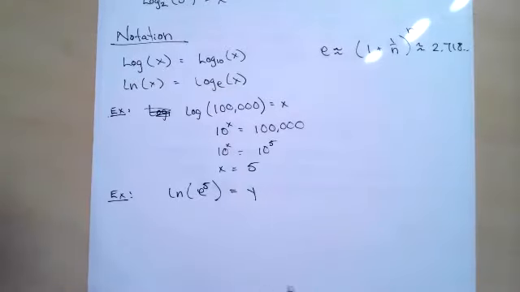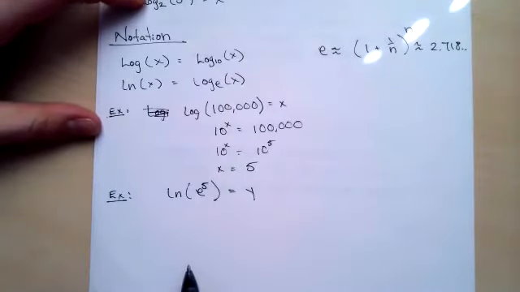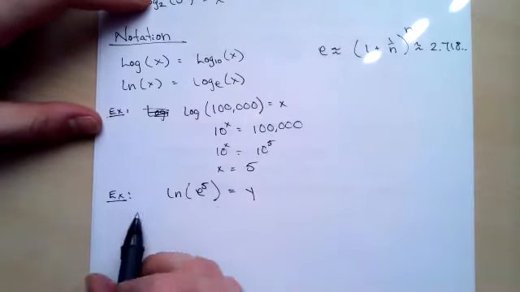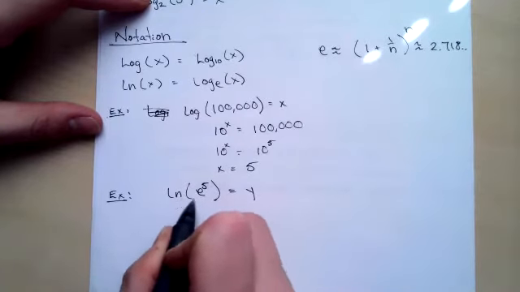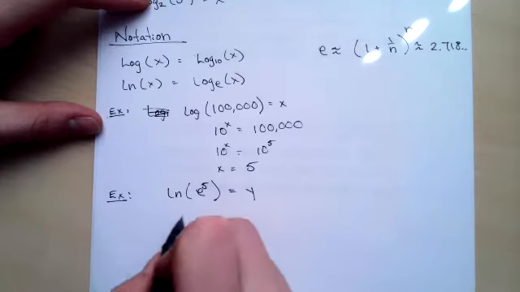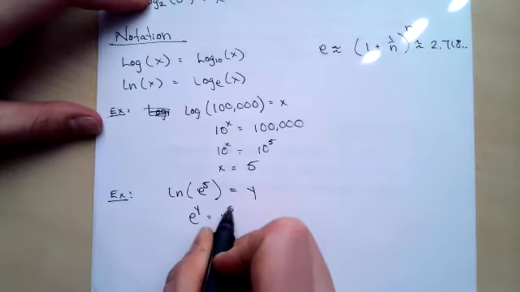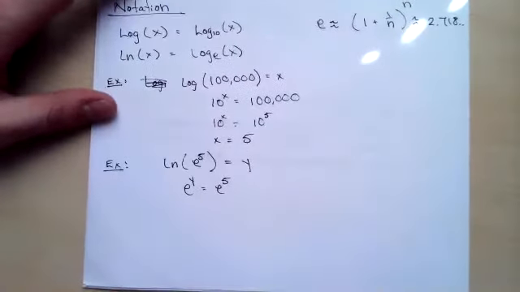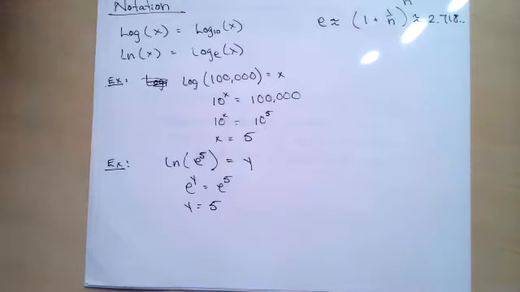So what we'll see on Wednesday is that exponents will come down in terms of multiplication. So what does this say? This says the base is e as well as the base of the argument. So this says e to the y is equal to e to the 5.